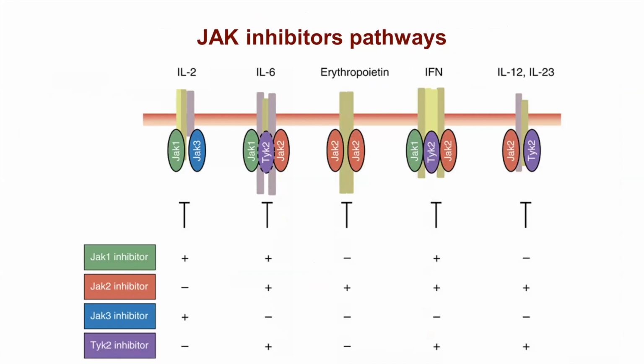You can block the receptor of interferon with a monoclonal antibody, or you can block the Janus kinase below the receptor, using one JAK inhibitor, a JAK1 or JAK2 inhibitor. This JAK1 and 2 can block a lot of receptors, as you know.